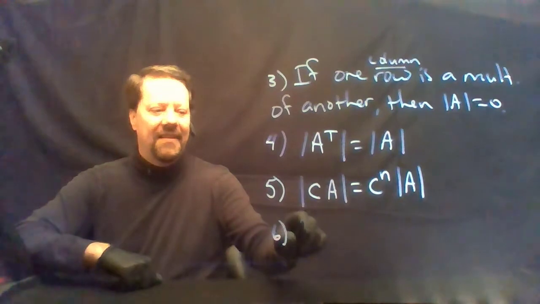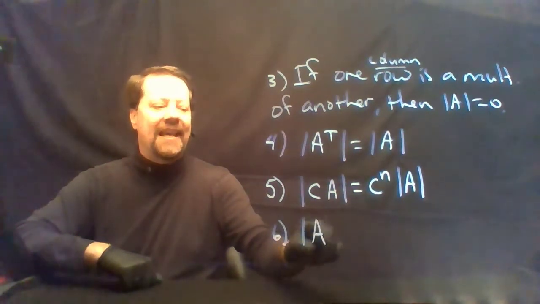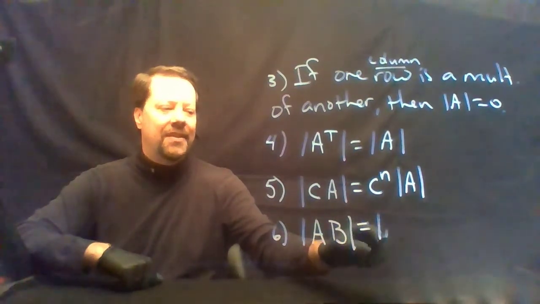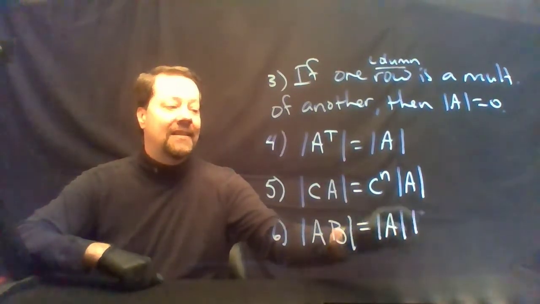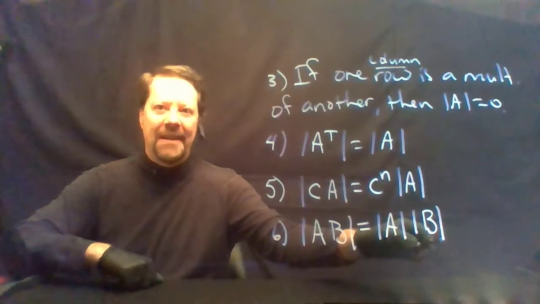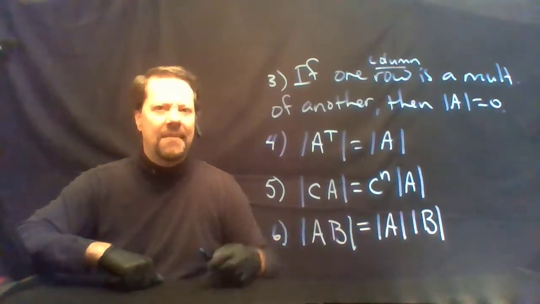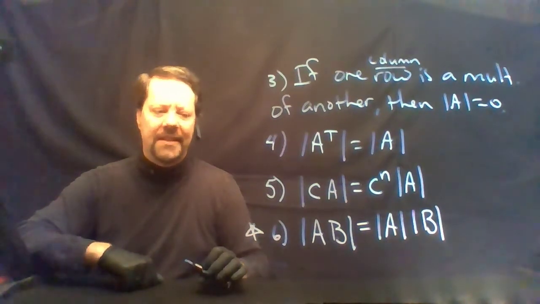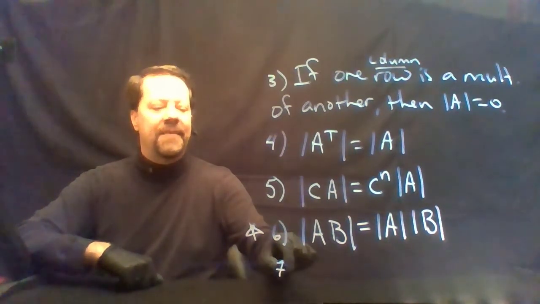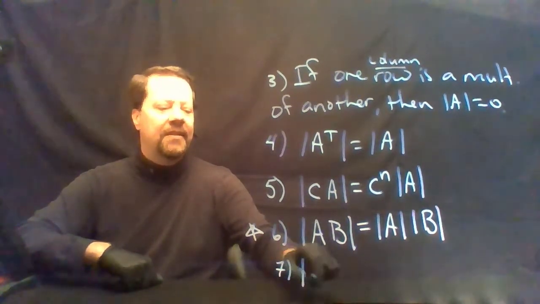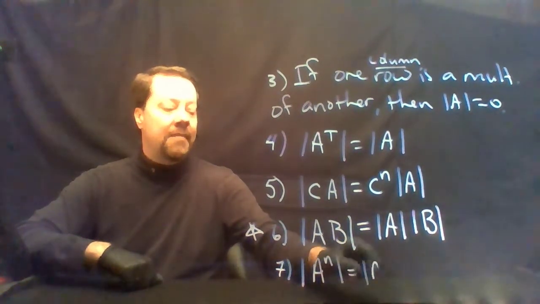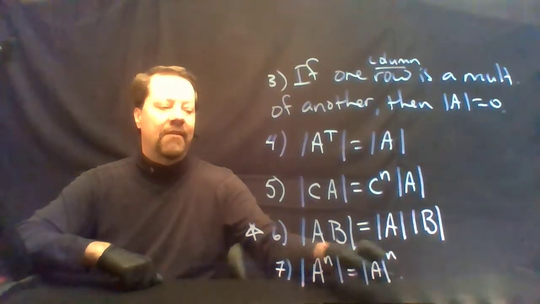Now, the determinant of matrix A times matrix B is the determinant of matrix A times the determinant of matrix B. This seems less obvious. We definitely require a proof of property 6. Property 7 is an immediate consequence of property 6: the determinant of A to the power n is the determinant of A to the power of n.